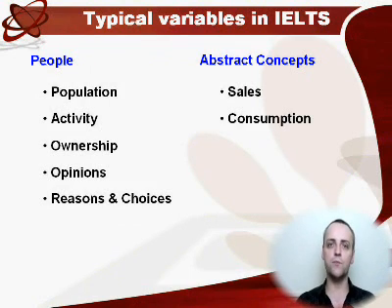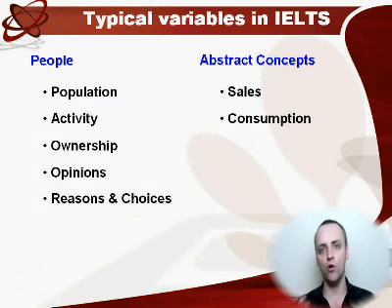So consumption could be the amount of anything which is bought by people, who are called consumers, or it could be more directly related to the meaning of consumption, which is to eat. So it could be measuring the amount of a particular food that people eat in 1 month or in 1 year.